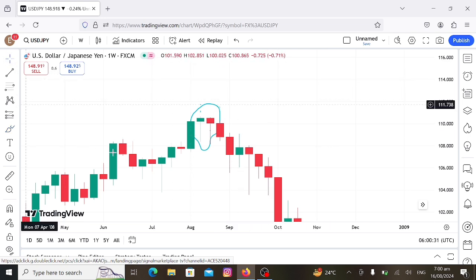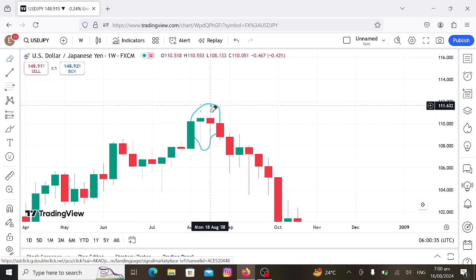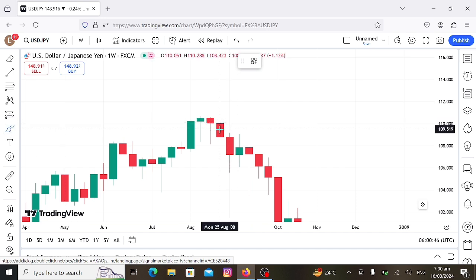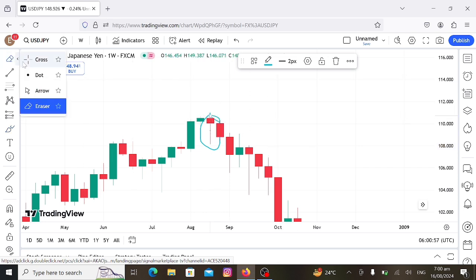I'm more concerned about the two that appear here. So let me just take the one I'm after. Here is the bearish one, the one in red color. Yes, that's the one I'm after.